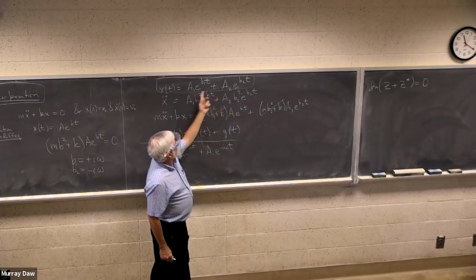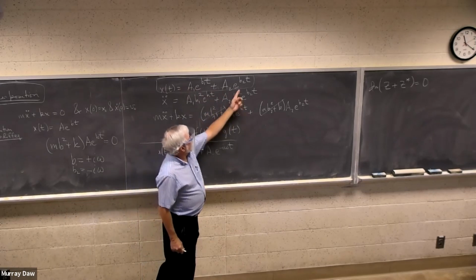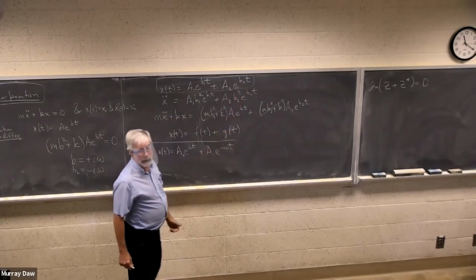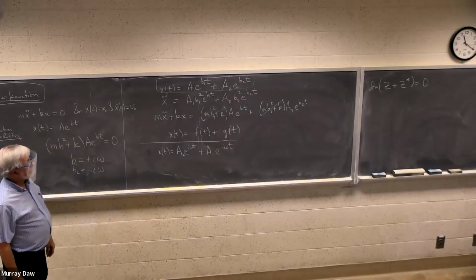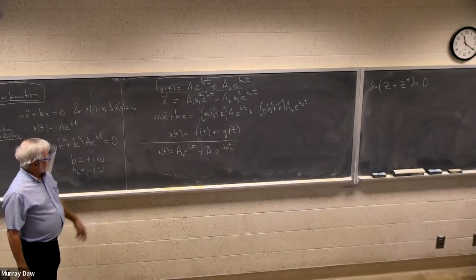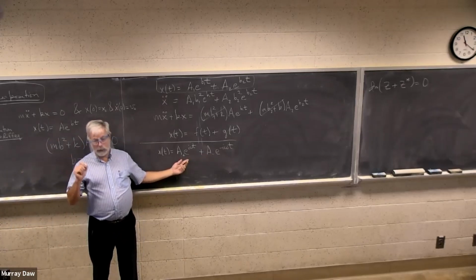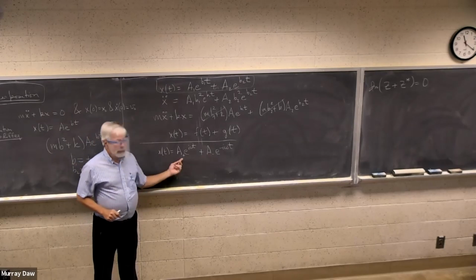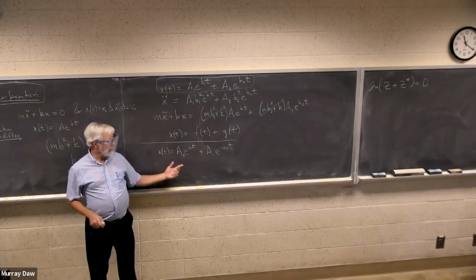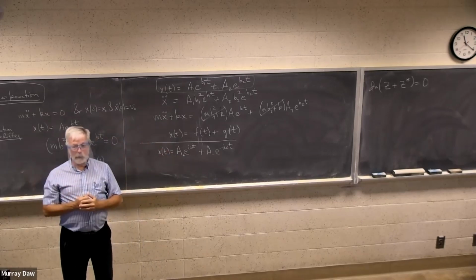So I have a general solution of this form, and the only constraint that has been put on it are the values of B1. The values of A have not yet been determined. Let's say imaginary. Right. Okay, so that would mean then that I could get a real number out of this for all values of t if A minus and A plus are complex conjugates of each other. See that? Because then I would have the complex conjugate of that, add them together, I get a real number.